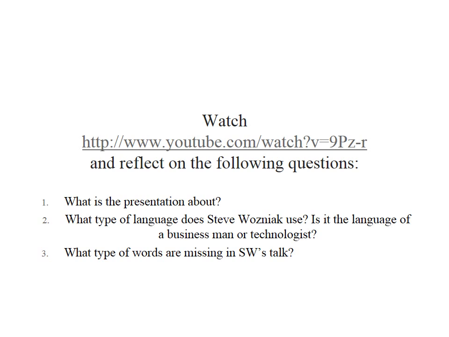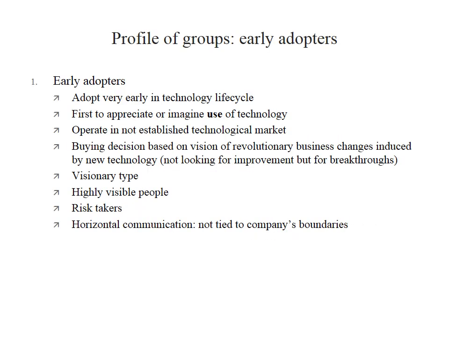typology in the diffusion of innovation scheme. This typology has to do with the early adopter. Now, this is a different category than the innovator. Like the innovators, they adopt very early in the technology life cycle, but differently from the innovators, they are the first to appreciate or imagine the market use of a technology.